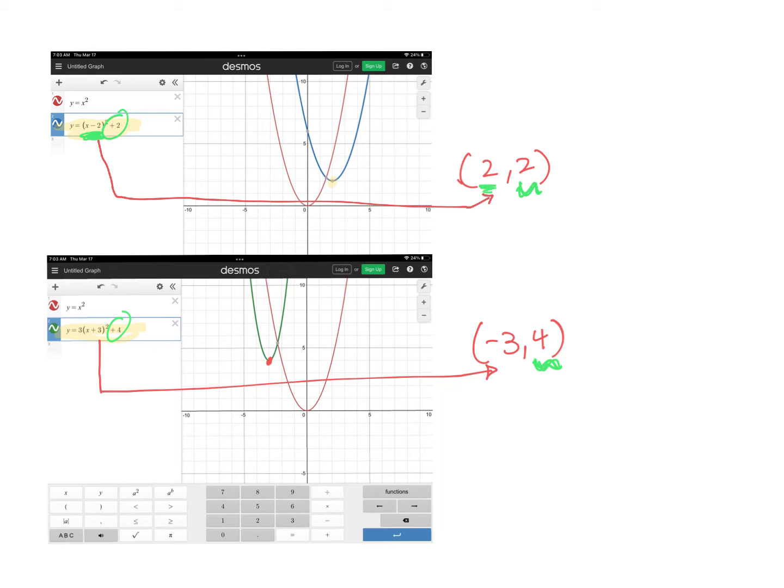That would make sense that my vertex is a positive 2. And here I slid it left 3, so that would make sense that my vertex x-coordinate is a -3. So when you have a vertex, it's actually the opposite of whatever's in the parentheses. Okay, so like this is plus 3, and this was a minus 2, so I made this a positive 2. There is my vertex. So hopefully that's kind of something cool.